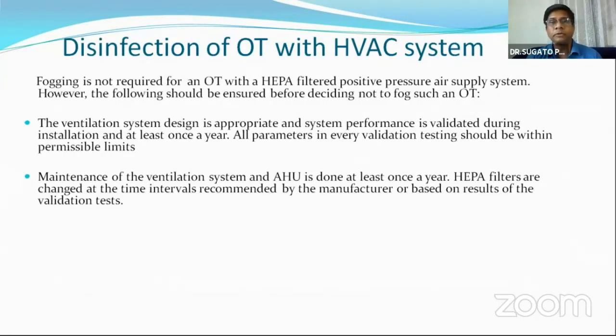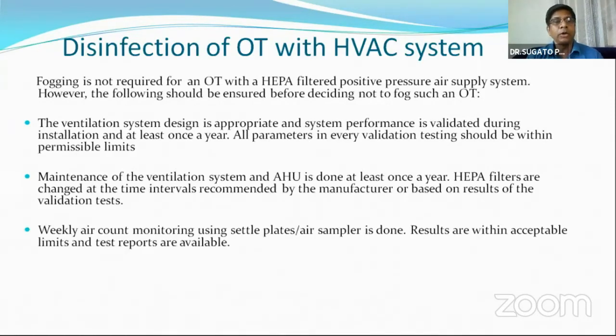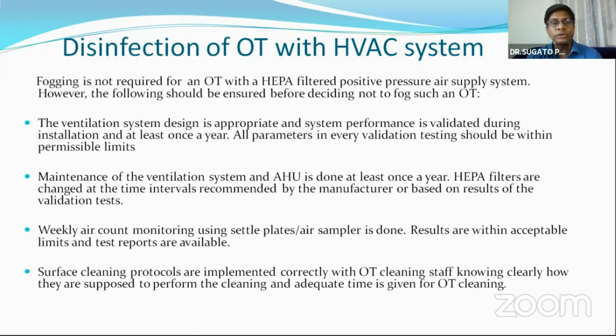HEPA filters should be changed according to the manufacturer's recommendation and depending upon the result of the validation test. Weekly air count monitoring using settle plates or an air sampler should be done, and the result should be within the acceptable limit. All the staff should be aware of the cleaning protocol, because in an HVAC system, cleaning is very, very important. So all the staff should know what they are doing, and adequate time should be given for cleaning.